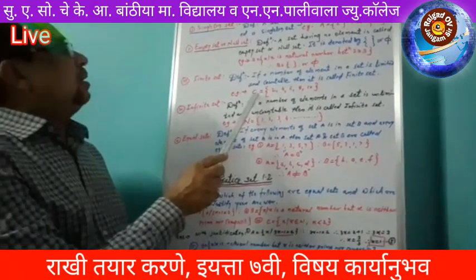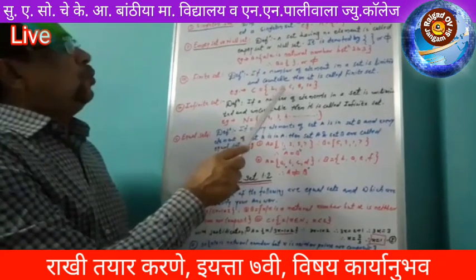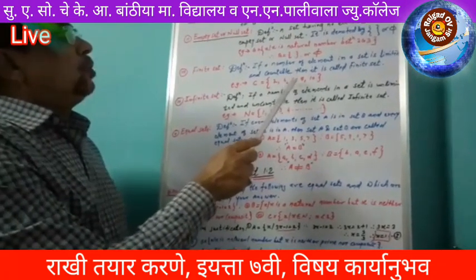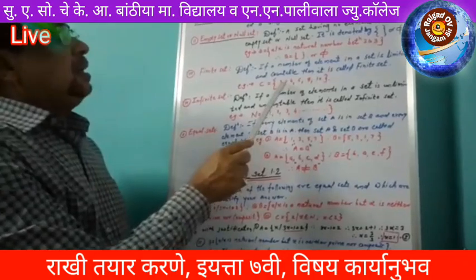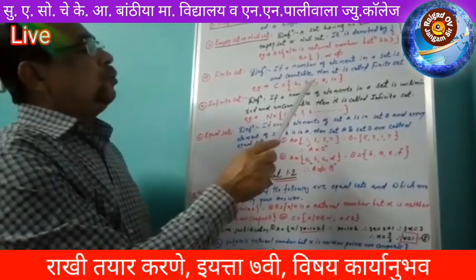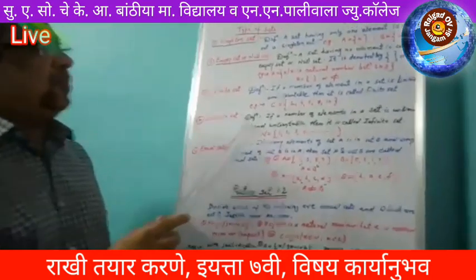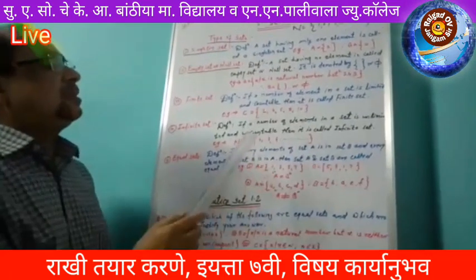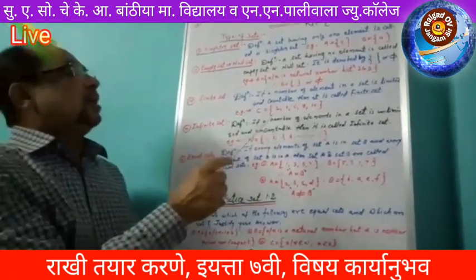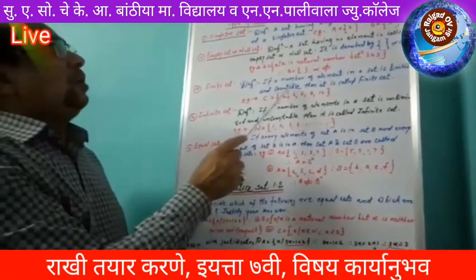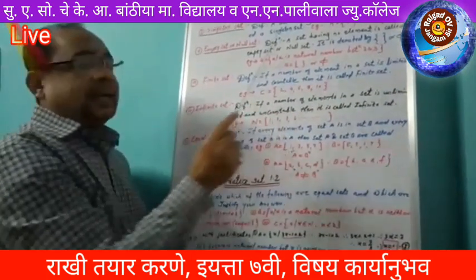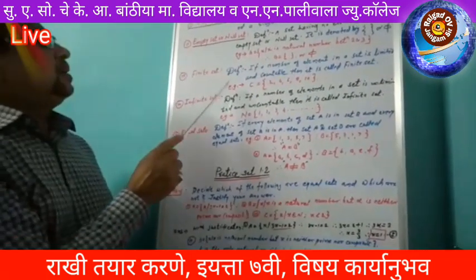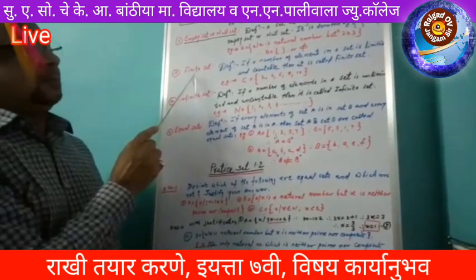C is a finite set because 2, 4, 6, 8, 10. These are the countable elements: 1, 2, 3, 4, 5. It means that we can easily count the elements in the set, and this number of elements is countable as well as limited. Hence the set C is a finite set.